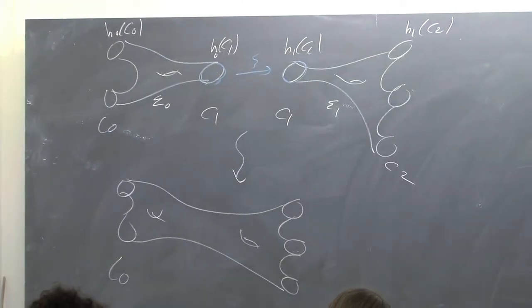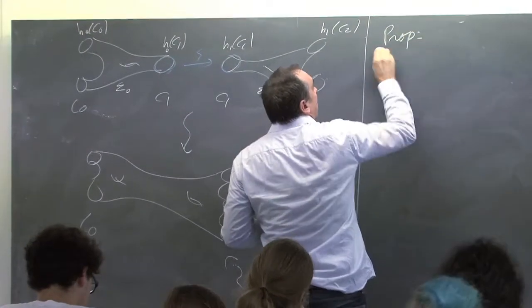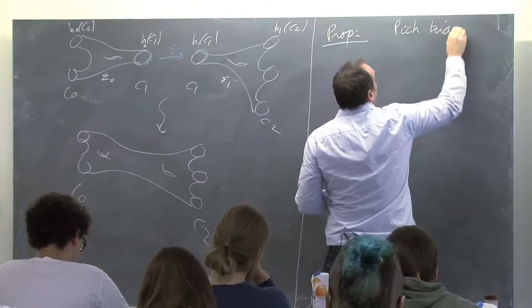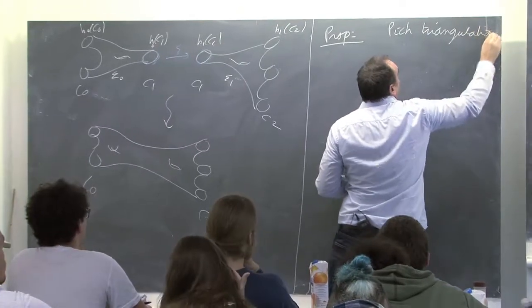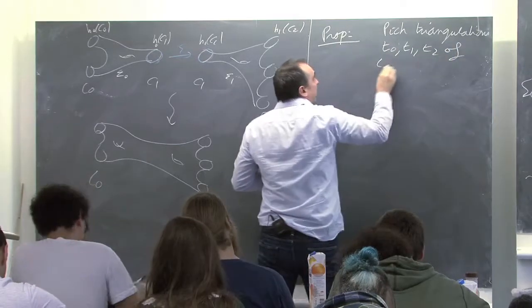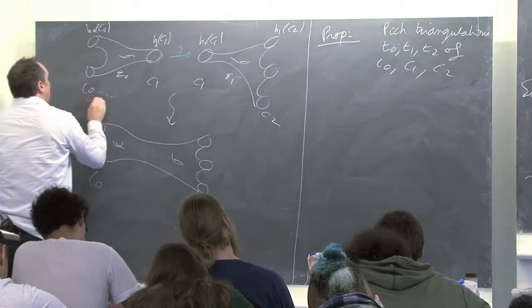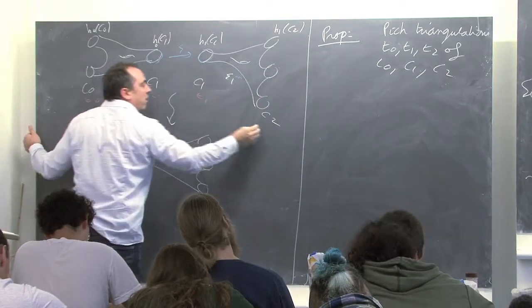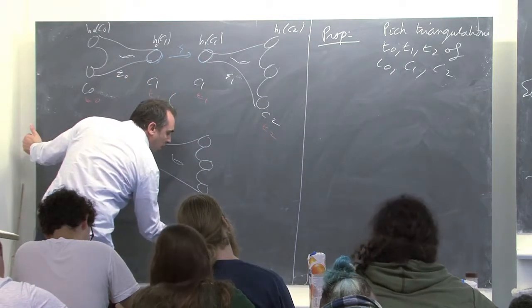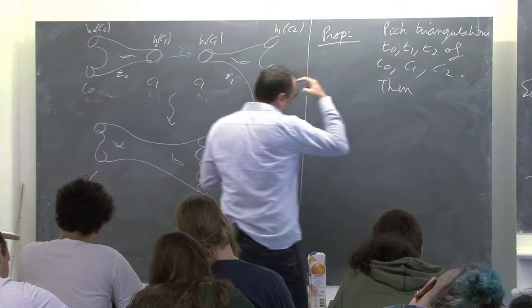Okay, and the property is the following. Pick triangulations T0, T1, T2 of C0, C1, C2. Then what do we have?